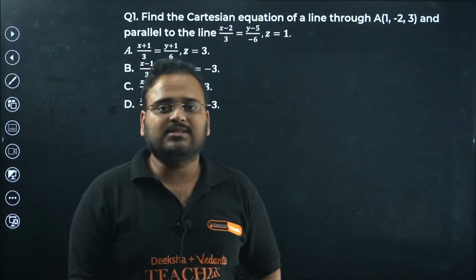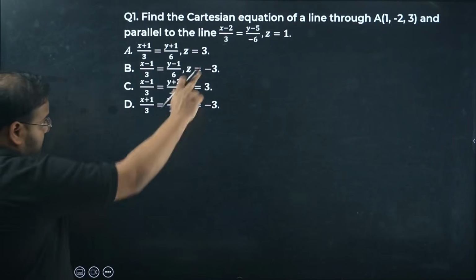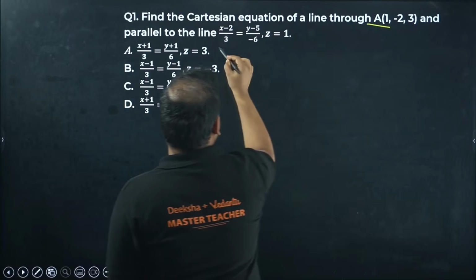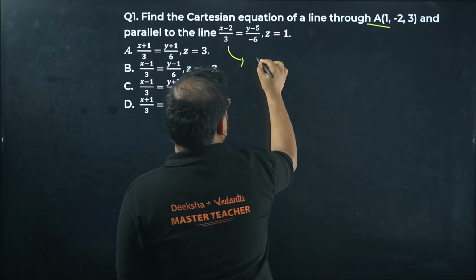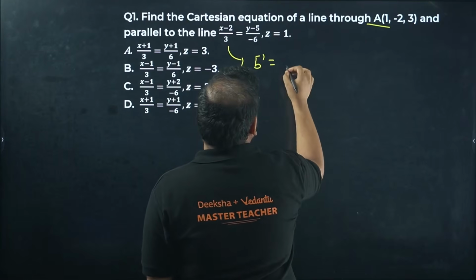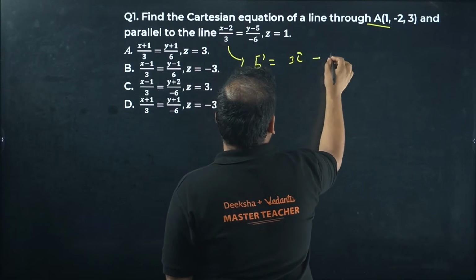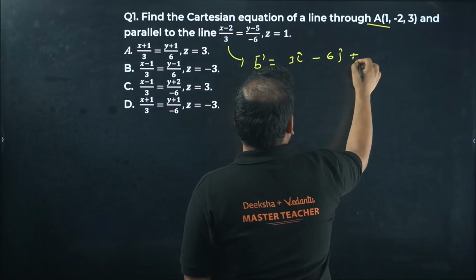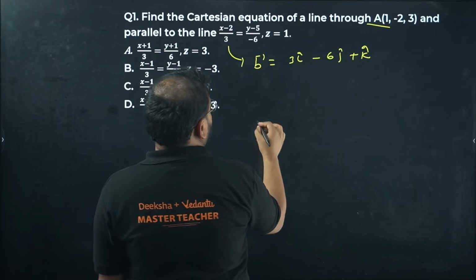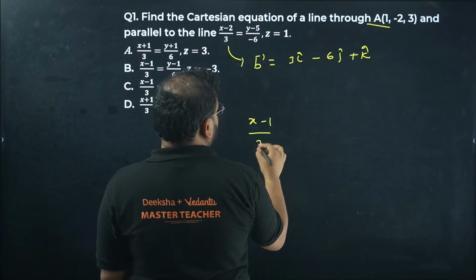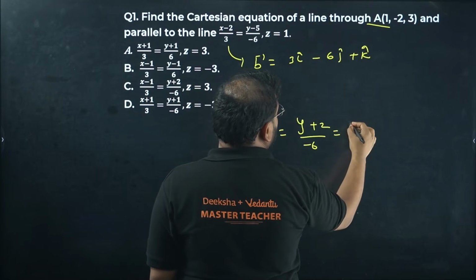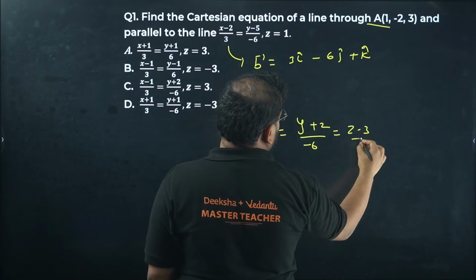Now, let me solve a question on this. Find the Cartesian equation of the line passing through the point A and parallel to the given line. Parallel means I can write vector B, which will be 3i cap minus 6j cap plus k cap. If you write this, you'll have (x minus 1)/3 equals (y plus 2)/(minus 6) equals (z minus 3)/1.